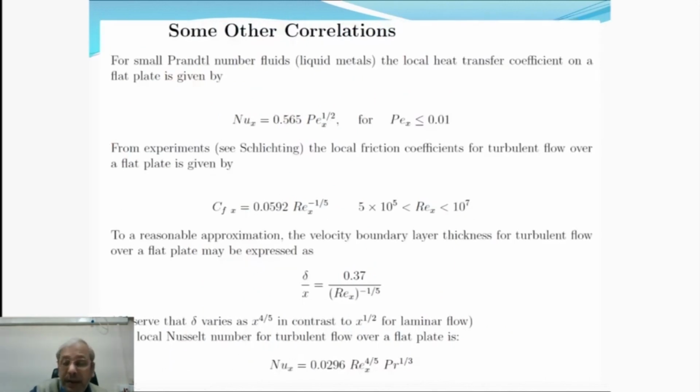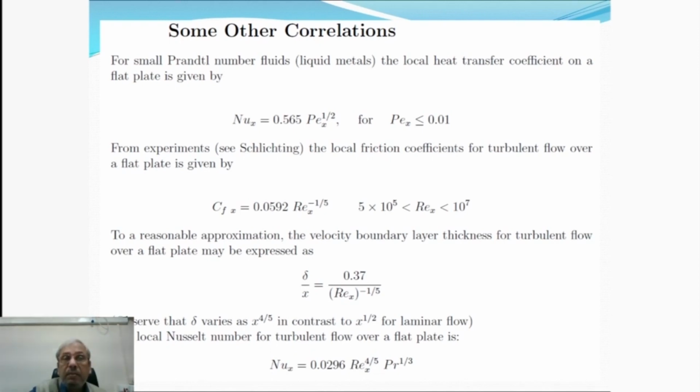Now we will discuss briefly some other correlations for small Prandtl number fluids, that means liquid metals. The local heat transfer coefficient on a flat plate is given by the Nusselt number at a given x, that means distance from the leading edge, equal to 0.565 times Peclet number at x to the power half. Peclet number is basically Reynolds number times Prandtl number.